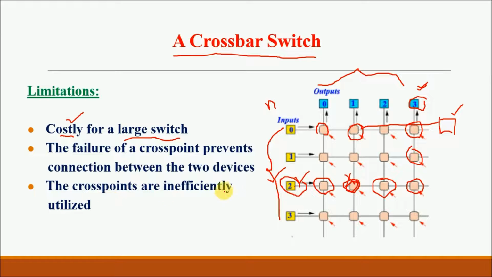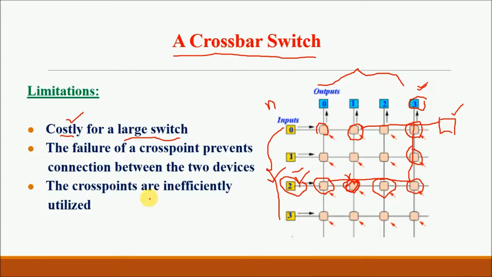And the third limitation is that the cross points are inefficiently utilized. Suppose when all the stations are connected with other stations, then also not all the cross points are utilized. Some cross points will be unutilized. Suppose if we establish the connection between these 2 and 3, only these 6 cross points will be utilized.